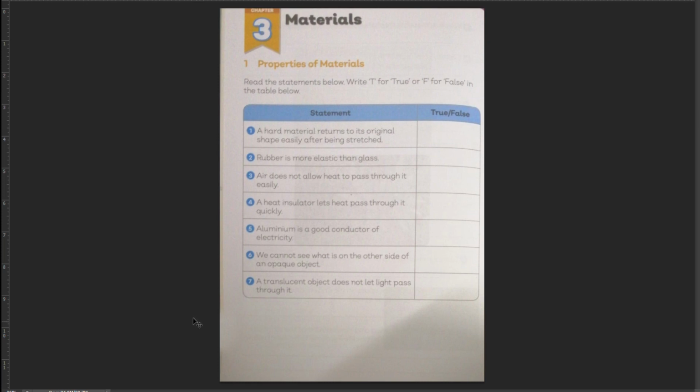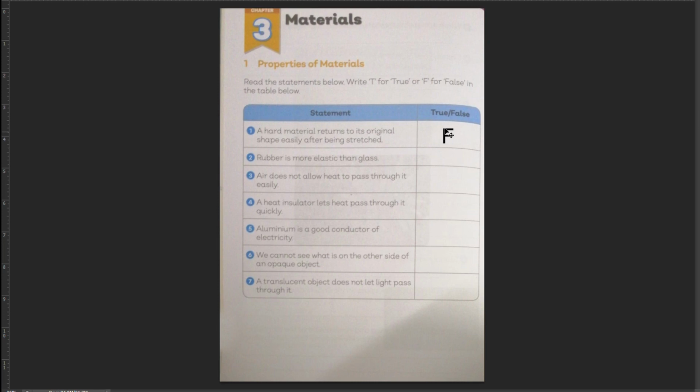A hard material returns to its original shape easily after being stretched. What is your answer? The answer is false. Why false? Because it is actually an elastic material, not a hard material.